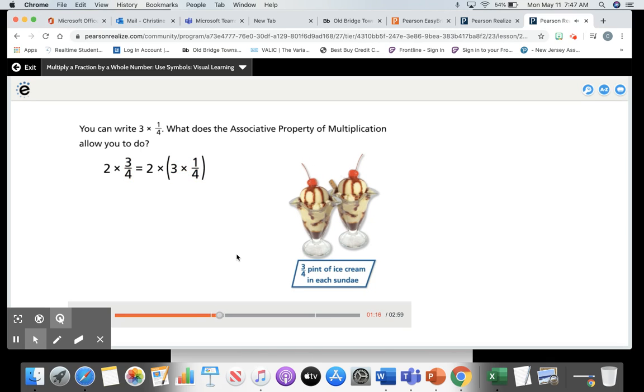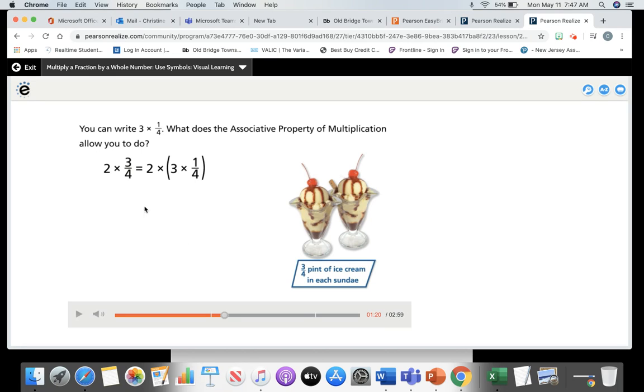What does the associative property of multiplication allow you to do? So remember at the beginning, the associative property, we said you can multiply any of the numbers in order, right? So really the associative property says we can multiply 3 times 1/4 and we get 3/4, and then we take 3/4 times 2.